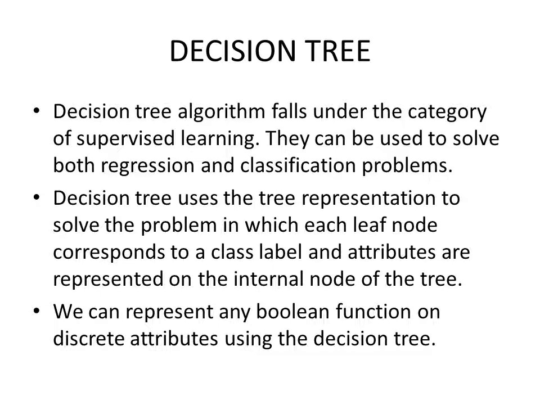There are two things in the decision tree. One is representing the class label, another one is representing the attributes. So the leaf node corresponds to the class label, and attributes are represented by the internal node of the tree.